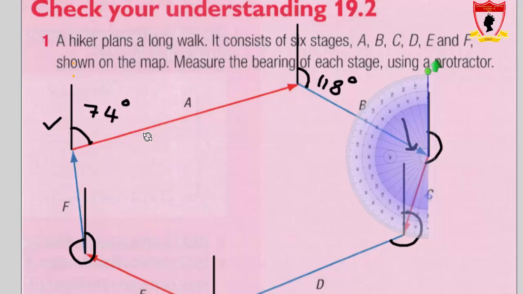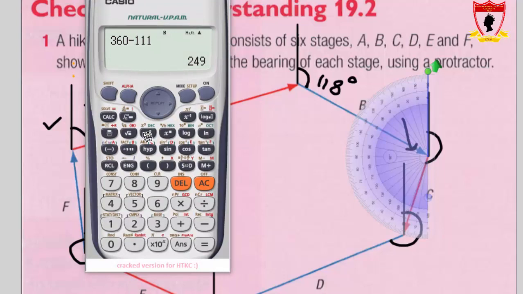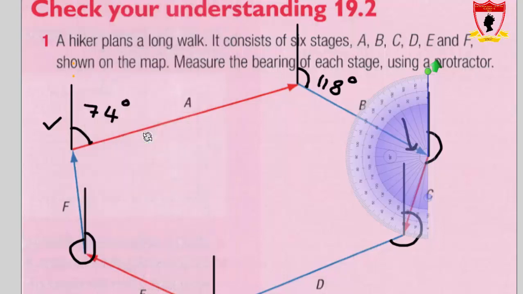This angle is 161 degrees. Now 360 minus 161 is equal to 199 degrees. Then this bearing, this angle is 199 degrees.